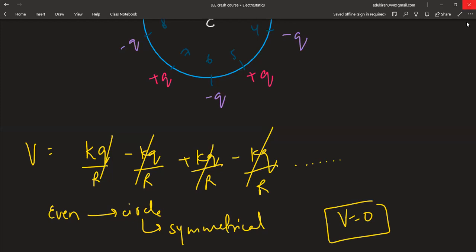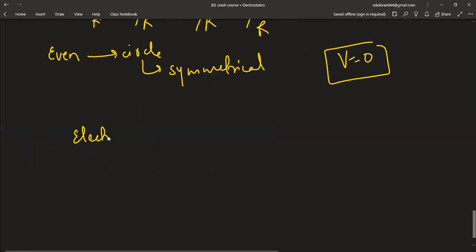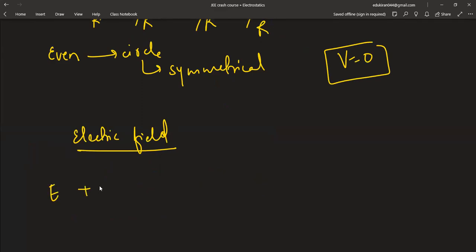And when we are talking about electric field, same thing. When you are talking about electric field, then see, the electric field due to the plus Q charges is 5 times the net electric field, and then plus 5 times the electric field due to the minus Q charges.